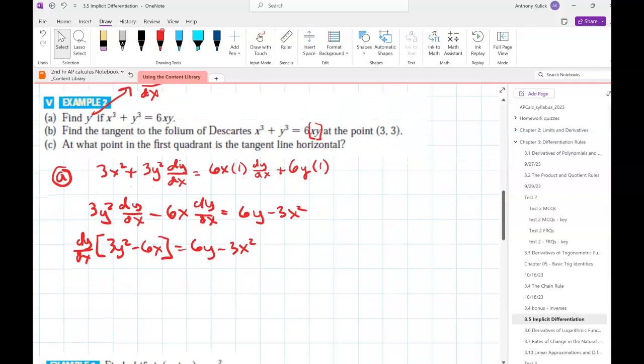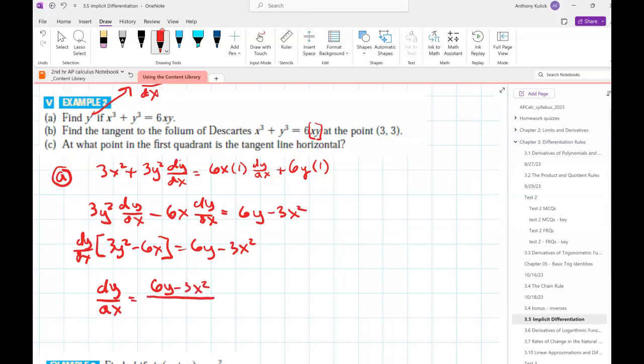So far, so good. And then to get the dy dx alone, I'm going to divide by 3y squared minus 6x. Which I notice can reduce, right?